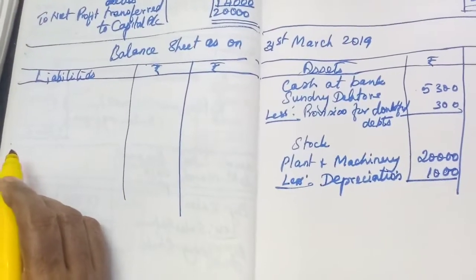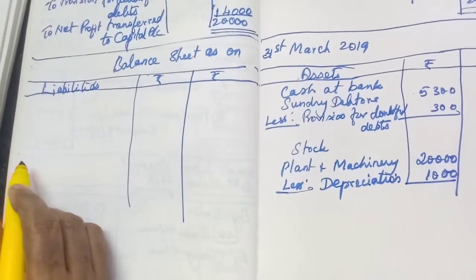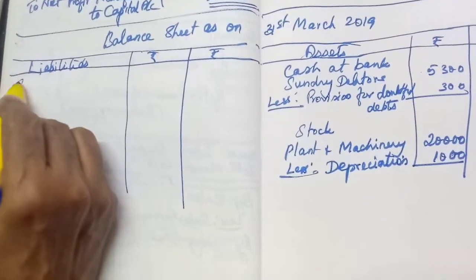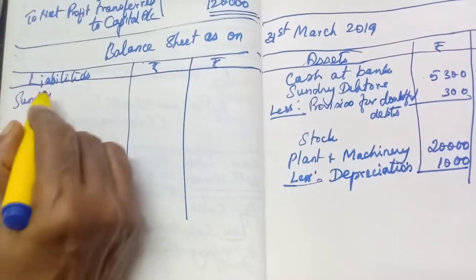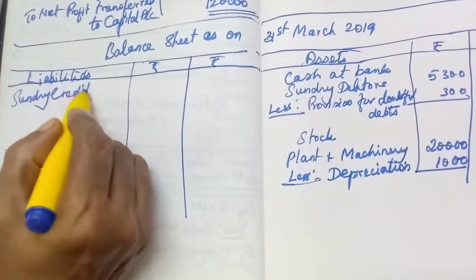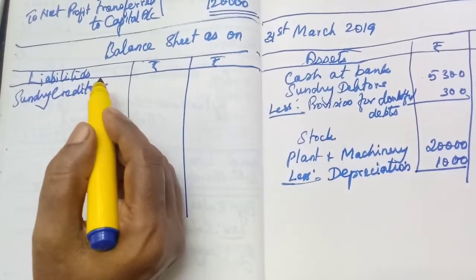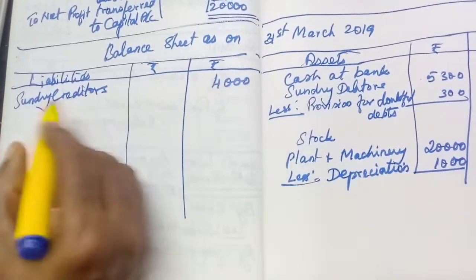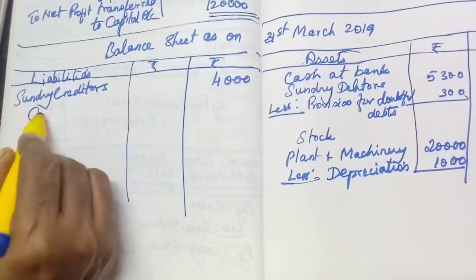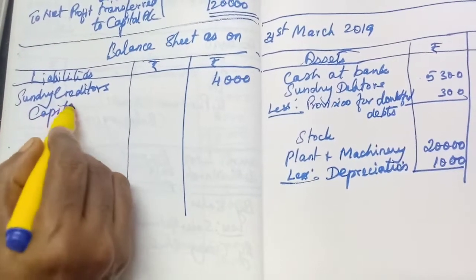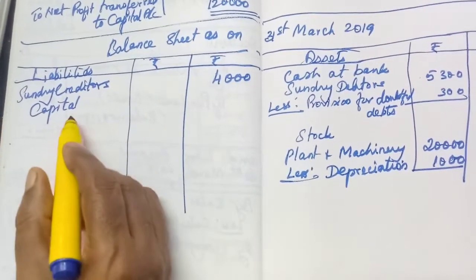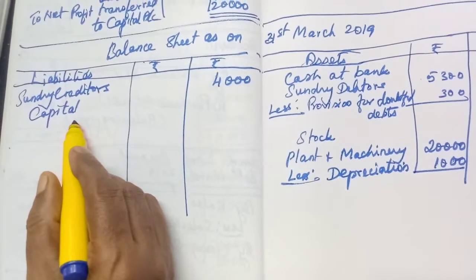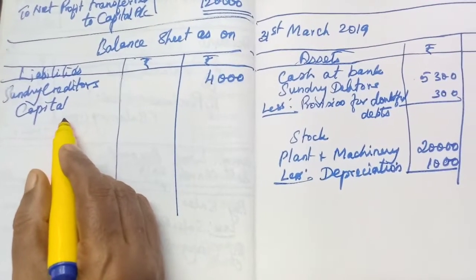On the liability side, first the short-term liabilities, that is sundry creditors. Sundry creditors, how much? 4,000. Then no other item. So we will start capital, the last item. This capital is the opening capital that we have calculated.